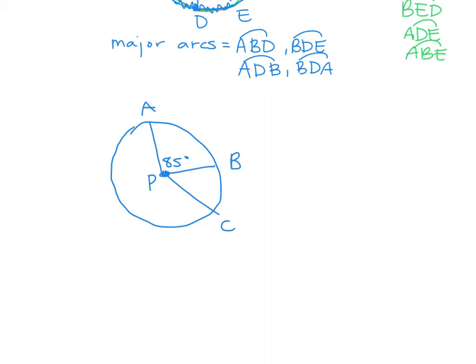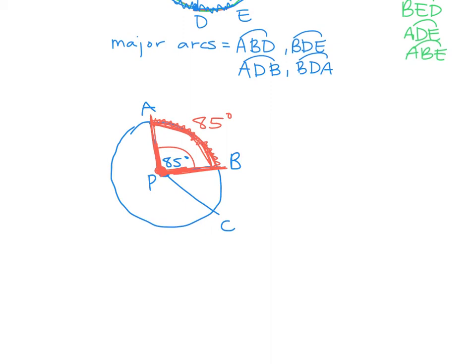Whatever the central angle is, whatever the measure of this angle, look where those radii end, at B and A. That means that the arc between there is the same measure. So if this angle is 85, then that arc will also be 85. Okay, so an angle that comes off the center of the circle is the same as the arc formed by that angle. Looks like a baseball field, right?